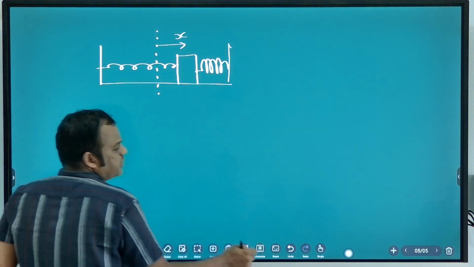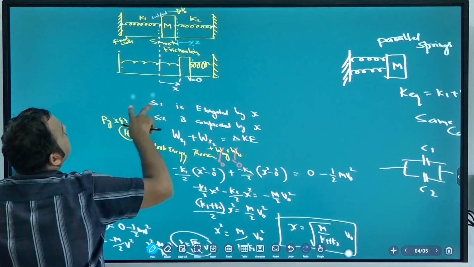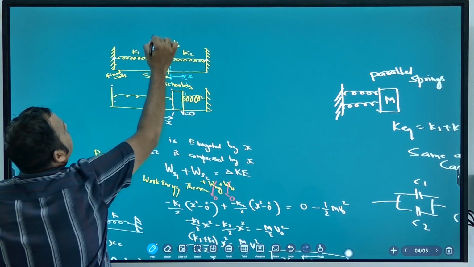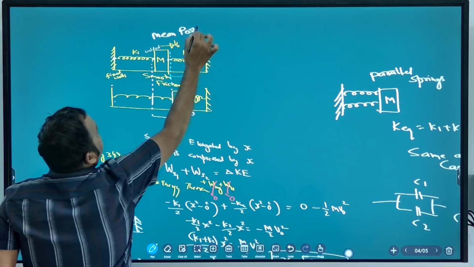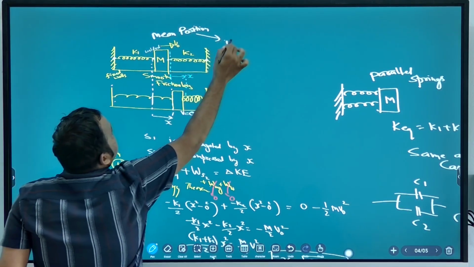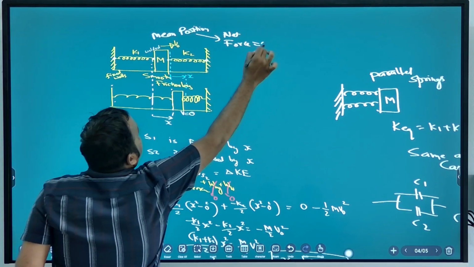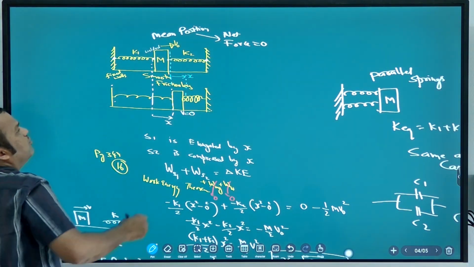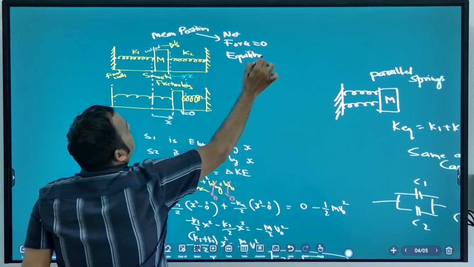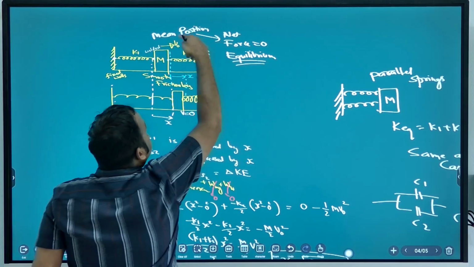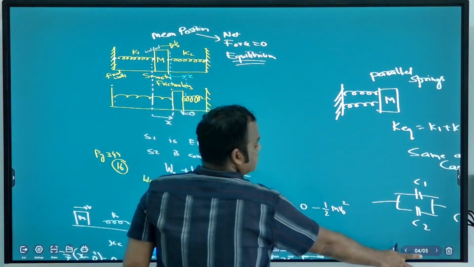Mean position means this is known as mean position. What is mean position? When force is zero. Note down. Mean position means when force is zero, net force zero. When force is not there, that is known as mean position. This is also known as equilibrium. In equilibrium, you can say mean position. Mean position means force is zero.